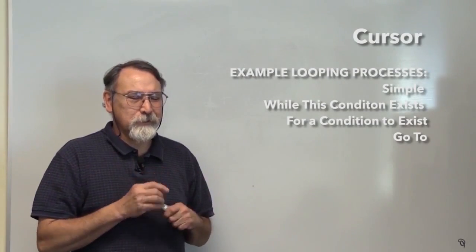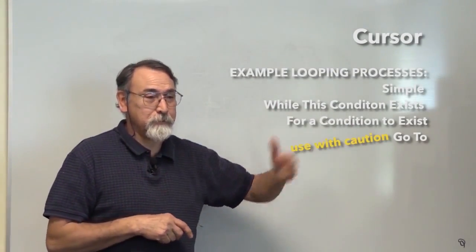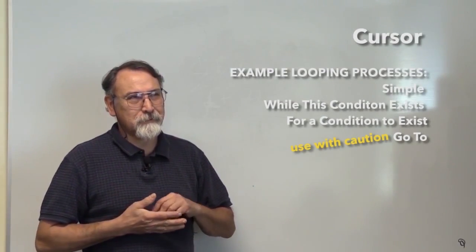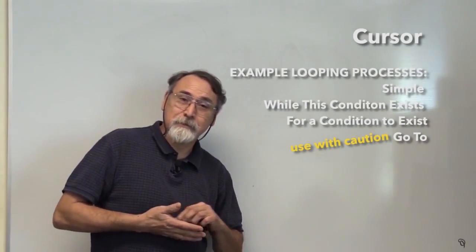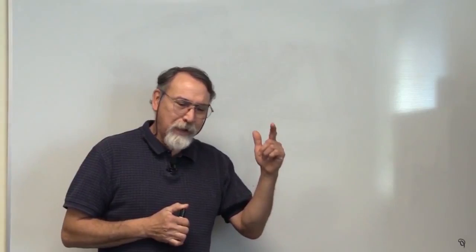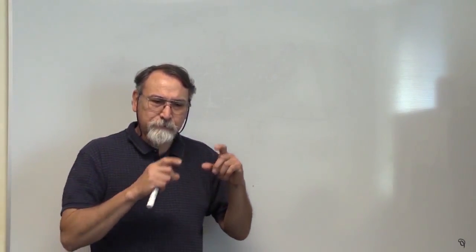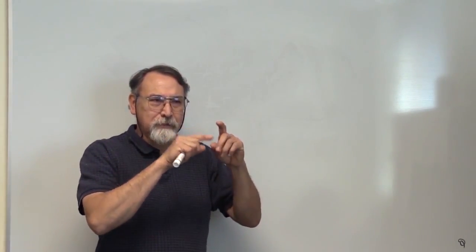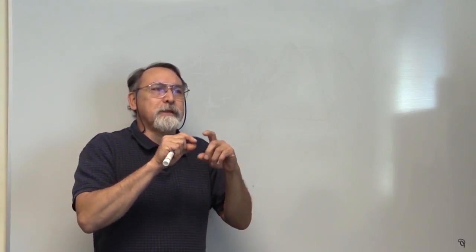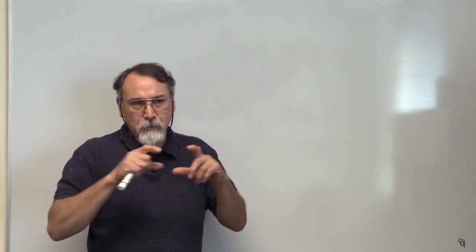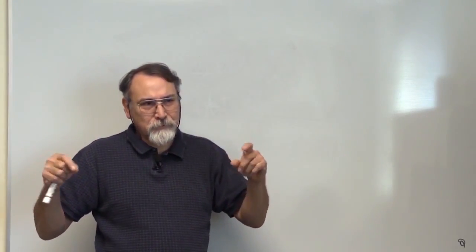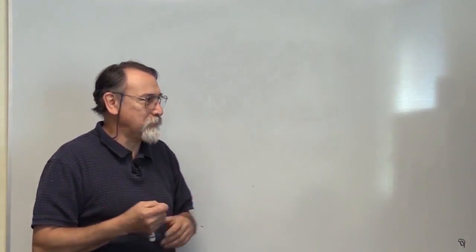Now, goto has been around forever since programming began, but by today's levels, it's considered, this is a strange word to use, poor programming. So try to get away from using goto, because what happens when you goto, you're not really finishing an action. You're in the middle of something and then you go, but you're never really finishing what you're doing. And it is possible that if you exit and go to another event in a goto scenario, since you really haven't finished what you started, that can kind of hang around there. So it's not really a good technique to do it.